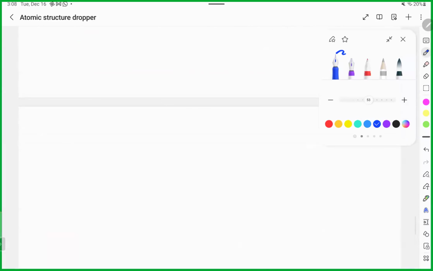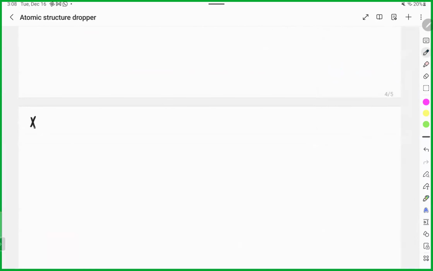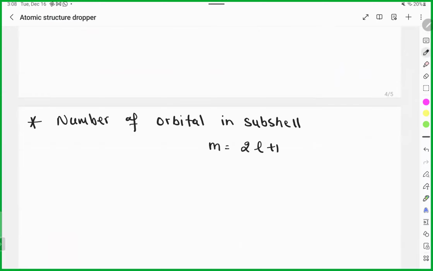Okay, so if the question asks what is the number of orbitals in a subshell, remember in a shell we know n square. In a subshell, the number of orbitals will be 2L plus 1, or you can say L value is equal to (m minus 1) by 2.